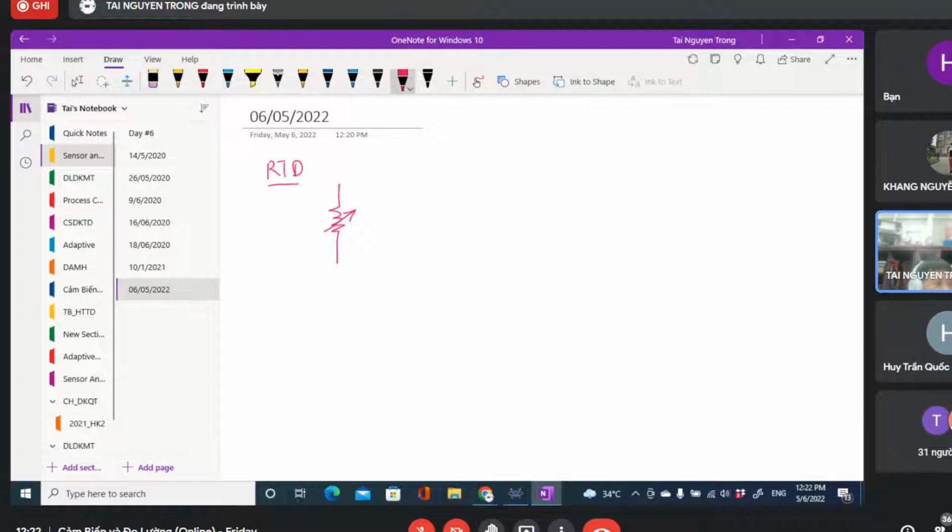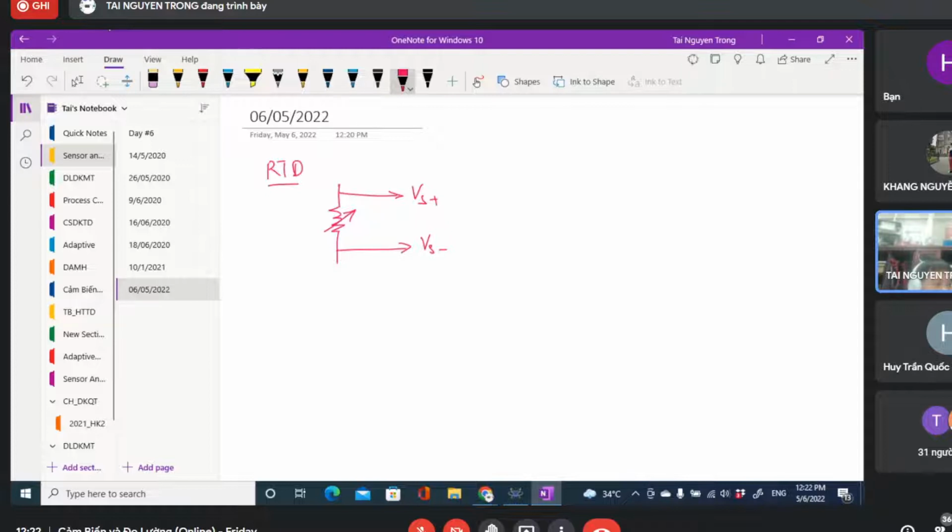And if we want to take its output, this is Vs plus and Vs minus.